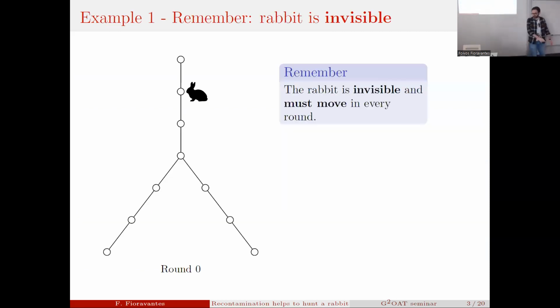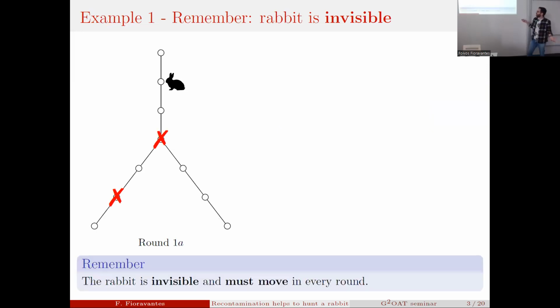Example. Let's say we have this graph. Remember, the rabbit is invisible, but just to have an example, we are going to be seeing the rabbit there. The rabbit places itself on the graph, and then the game starts. Let's say that the hunters first shoot on these two vertices.